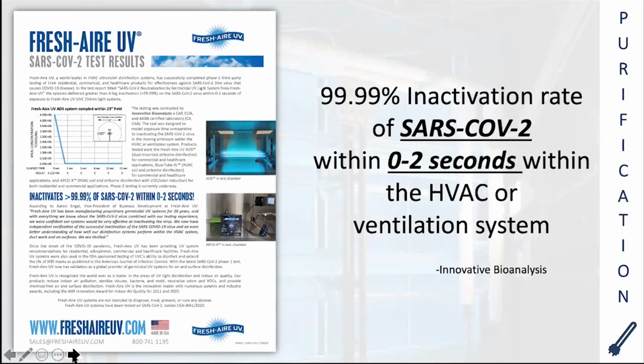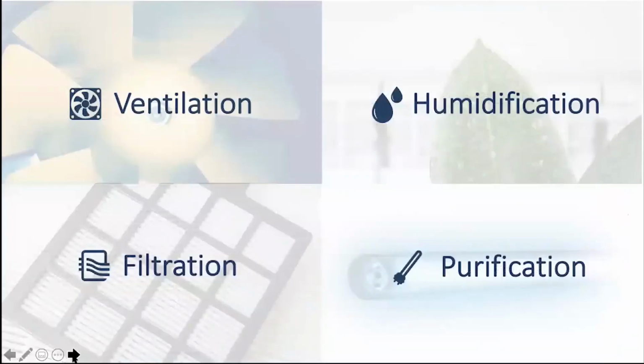Now, with that being said, just remember the intention of this webinar was to give you some information to start the right conversations. And those conversations need to focus around ventilation, humidification, air filtration, and purification.